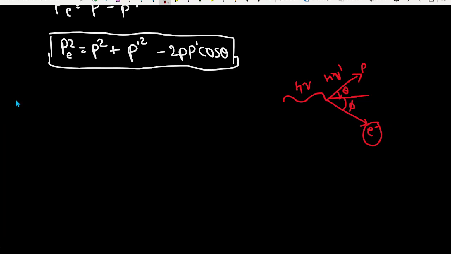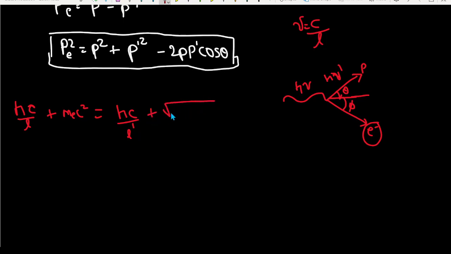Before collision, the energy of a photon is simply hc upon lambda, since the frequency equals c upon lambda, plus the rest energy of the electron, which is m_e c square. After collision, the energy of the photon is hc upon lambda dash, and the energy of the electron is root of m_e square c^4 plus p square c square.